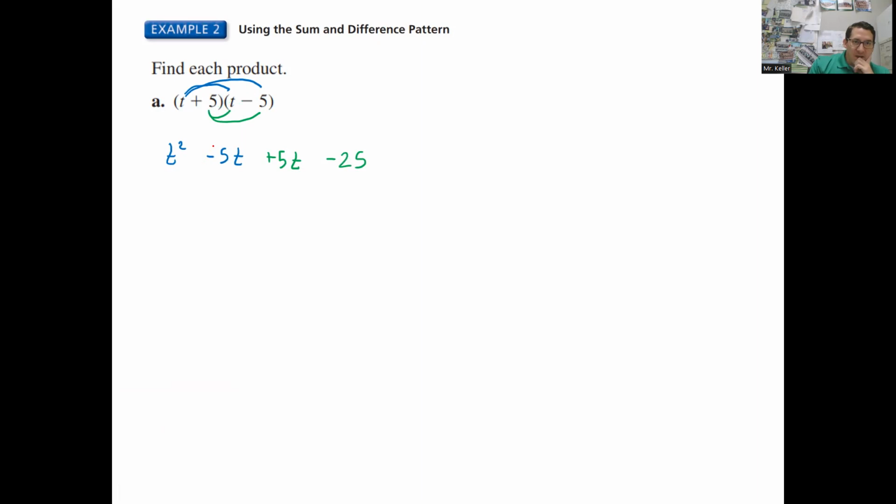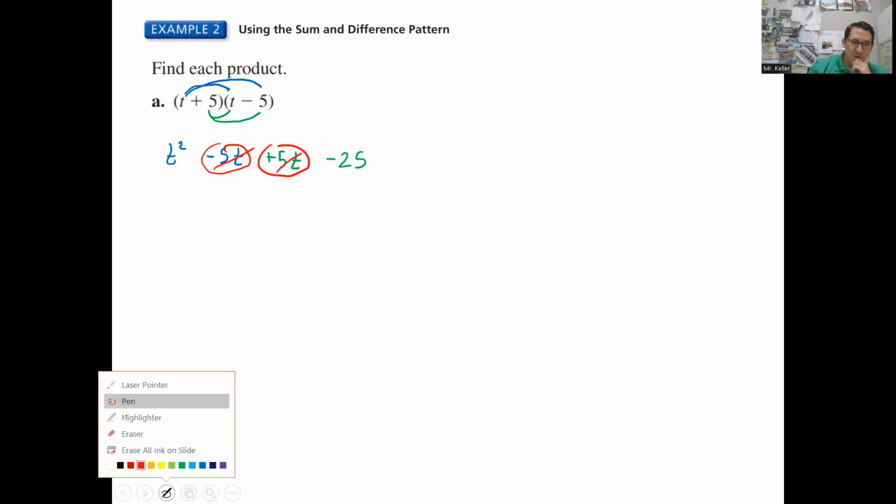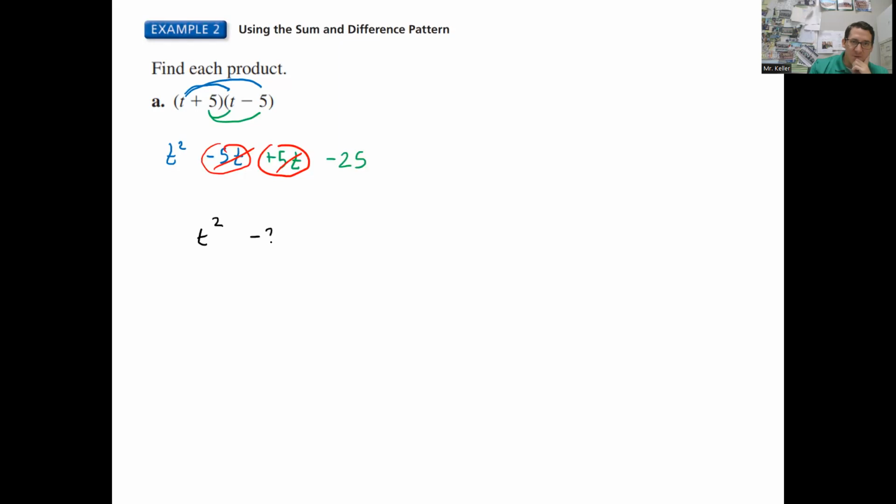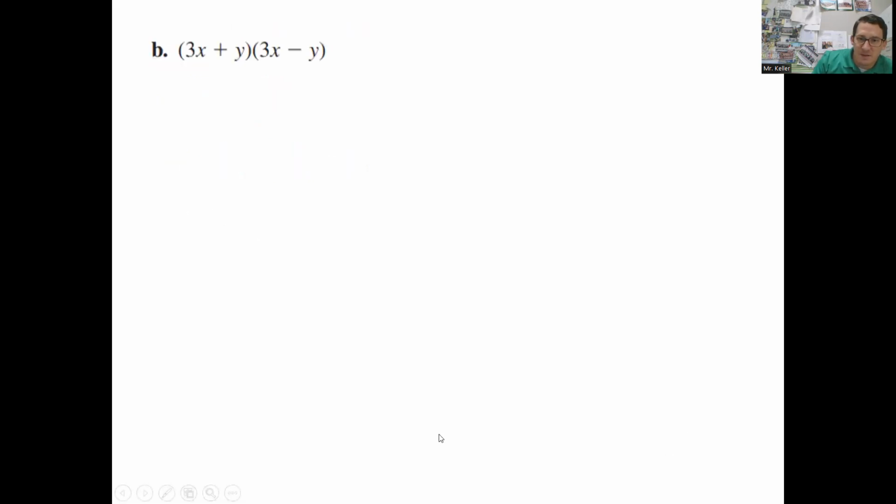So here we're paying attention, negative 5t, positive 5t, those just cancel each other out. So those middle terms are gone. And so we have t squared minus 25 is the last thing. So that's all there is to it. Just look for those middle terms canceling each other out. And that will do it for this lesson. We will see you guys next.